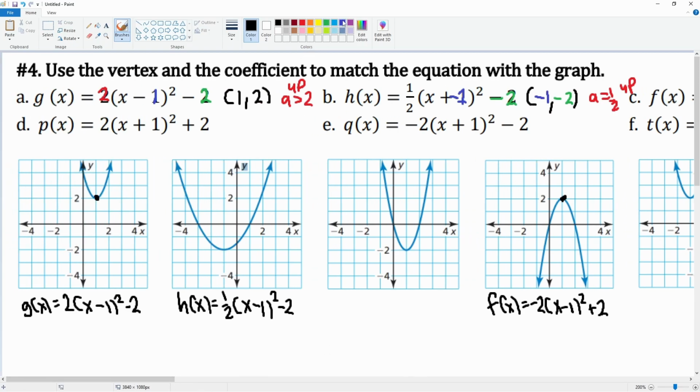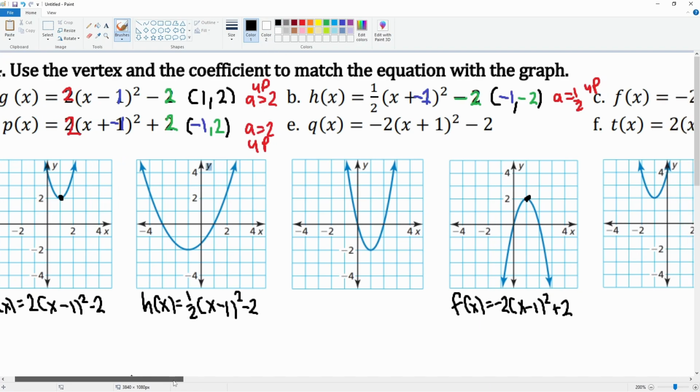Next, let's look at d, which is p of x. Let's find the vertex. It is a negative 1, and the k here is a 2. So that would be the vertex. The a here is 2, so we see it opening up. All right, let's look for negative 1 comma 2.